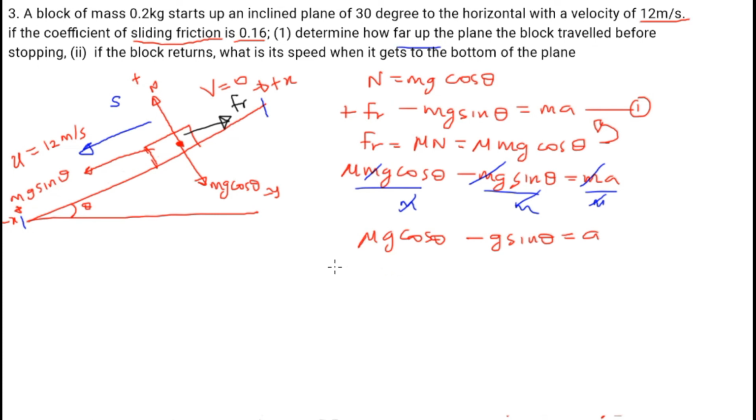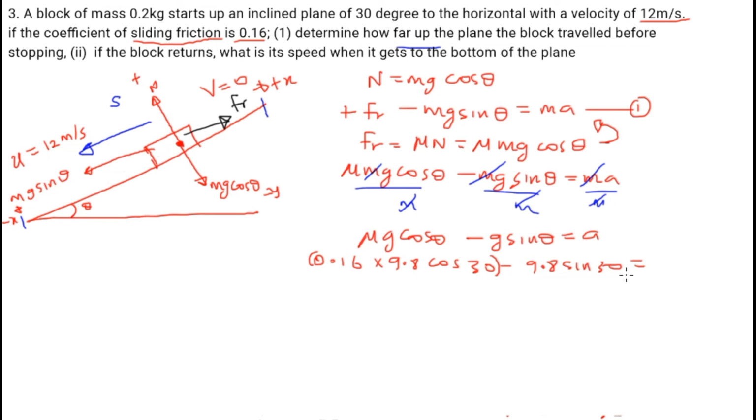So a will be equal to, so we may do the multiplication. Mu is equal to 0.16, then g is 9.8, then cosine of angle 30 degrees, minus 9.8 sine of 30 degrees. That will be equal to the acceleration of the object.